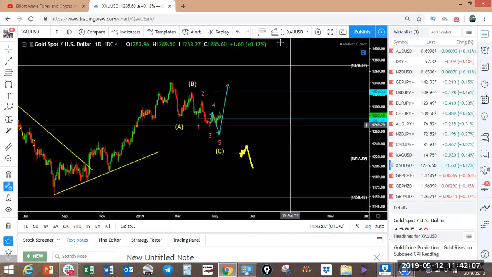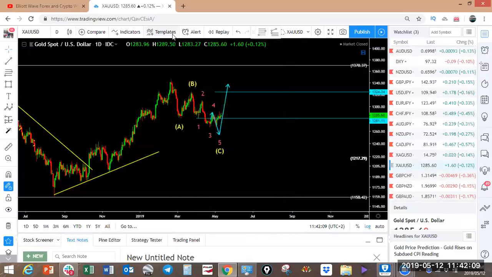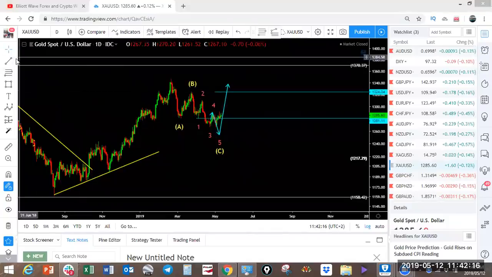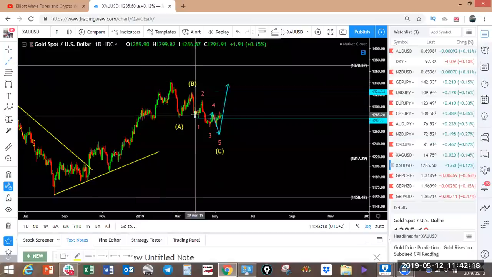Silver, we looked at the diagonals on both silver and gold, and these are the diagonals that we looked at. You can do this with the TradingView tools.